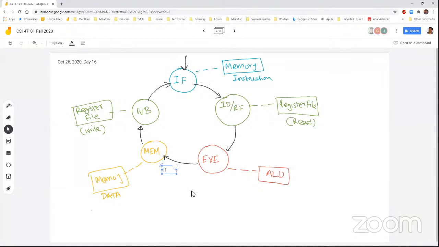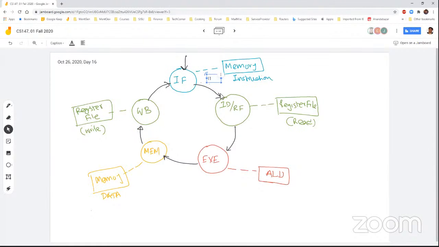Then it is sent to the mem stage to access data memories if it needs, and then it sends to the write back stage if it needs to commit any result to the register file. So see, while it is in the write back phase, all other stages or corresponding resources are practically idle, right?